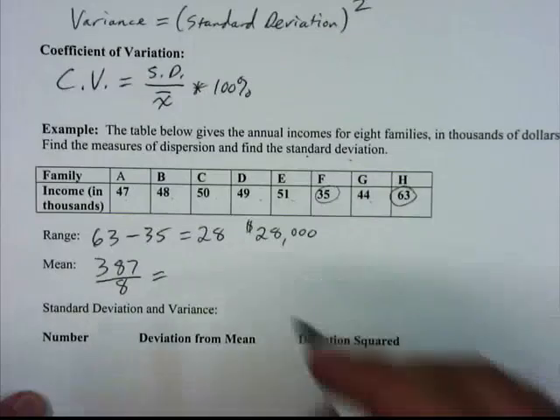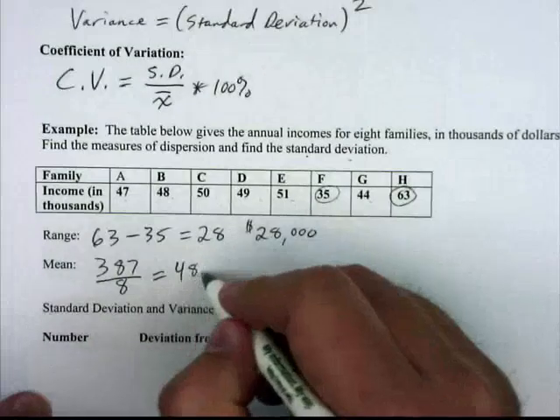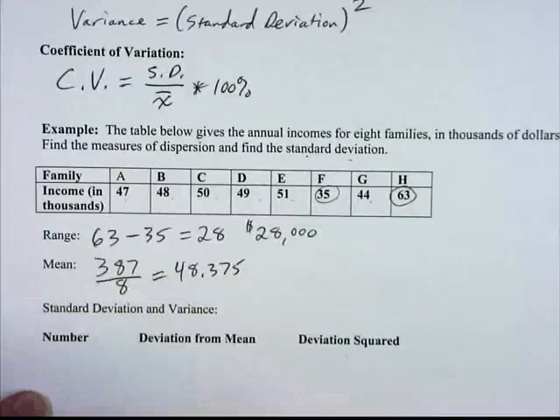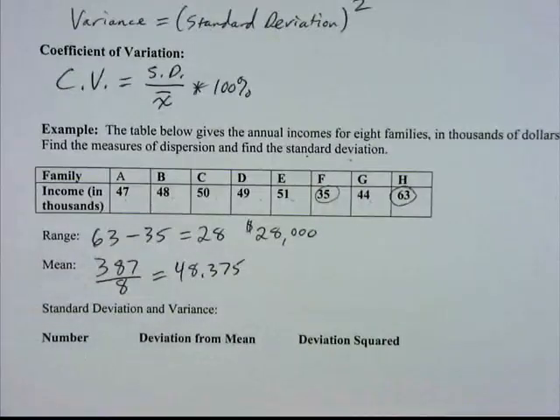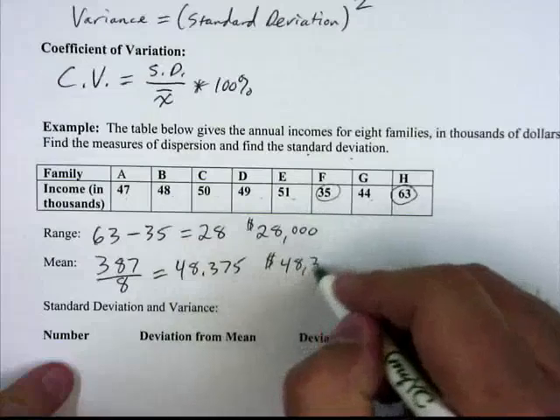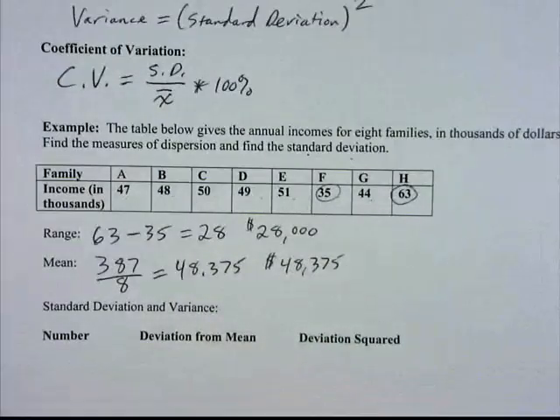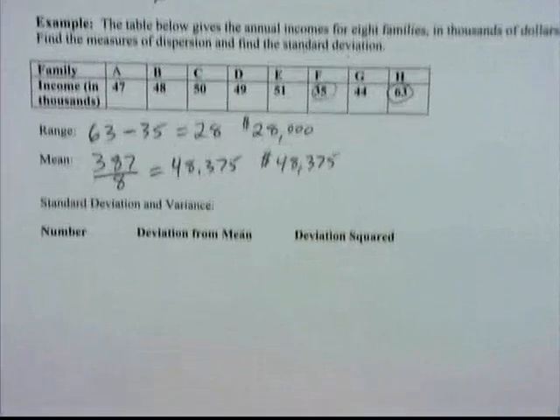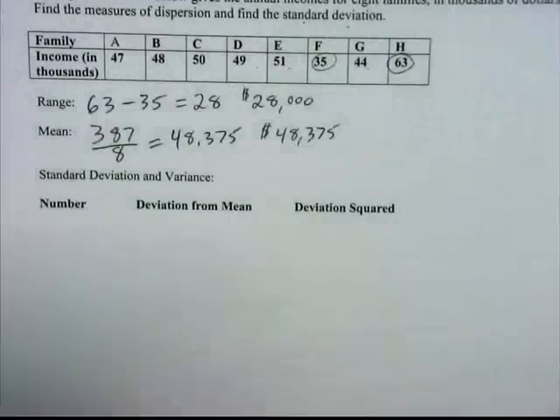So that's going to be 48.375. That's our mean. So our mean income is $48,375.